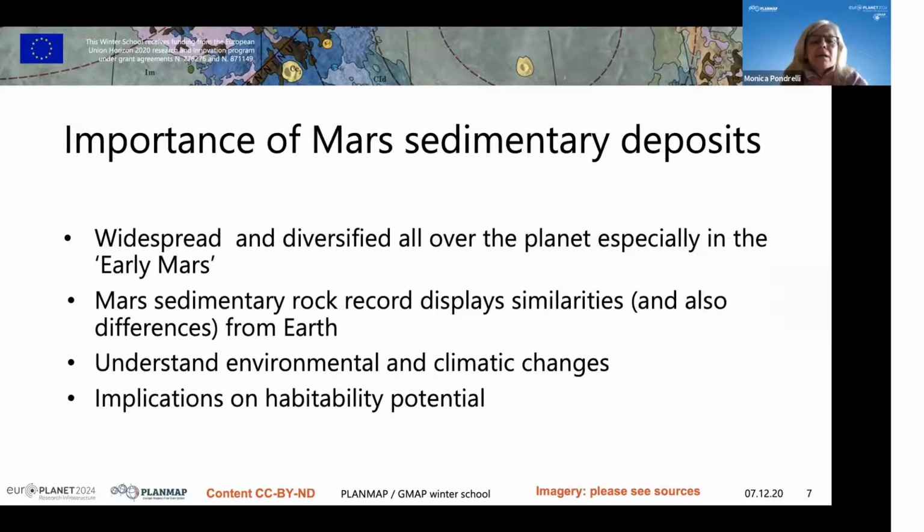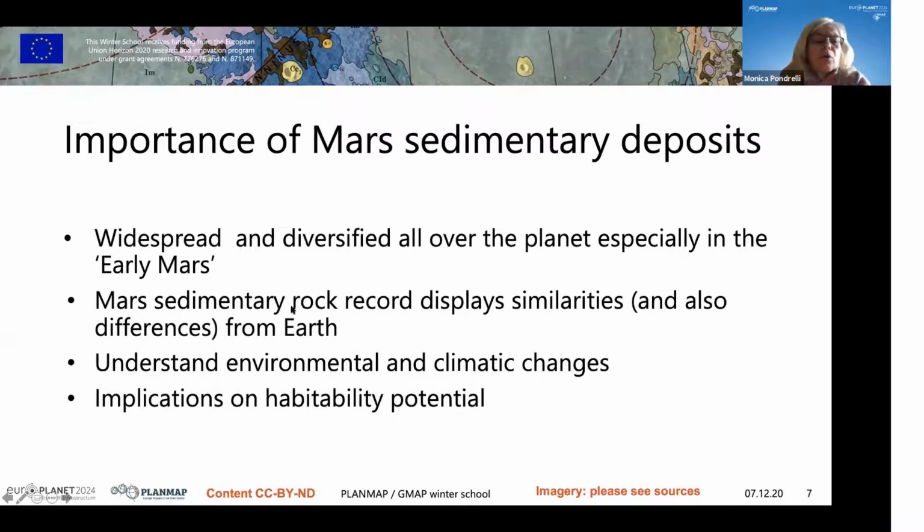Why are Mars sedimentary deposits important? First of all, sedimentary deposits are not so common in planetary settings, and Mars is an exception. They are important because they are widespread and diversified, especially in early Mars, as I told you. And also because Mars sedimentary rock has similarities, but also differences from Earth, and of course, we need the comparison with Earth, which I will show later, to properly interpret the sedimentary environments on Mars.